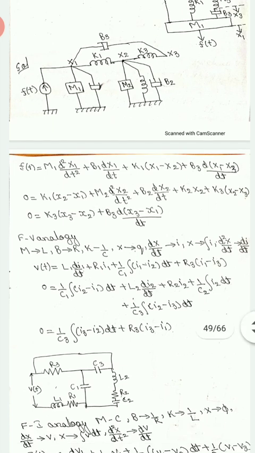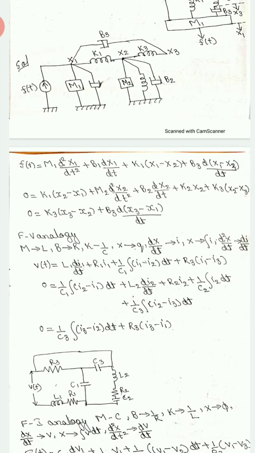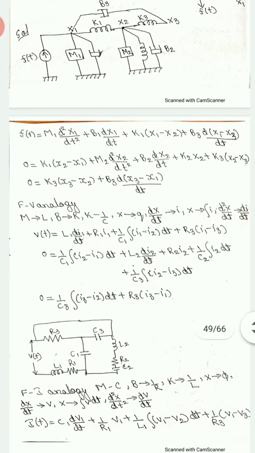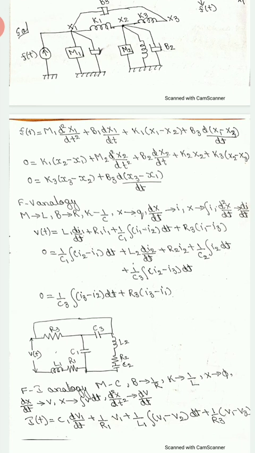For the second equation, 0 is equal to 1/C1 integration of (I2 minus I1) dt plus L2 di2/dt plus R2 I2 plus 1/C2 integration of I2 dt plus 1/C3 integration of (I2 minus I3) dt. For the third equation, 0 is equal to 1/C3 integration of (I3 minus I2) dt plus R3 (I3 minus I1).